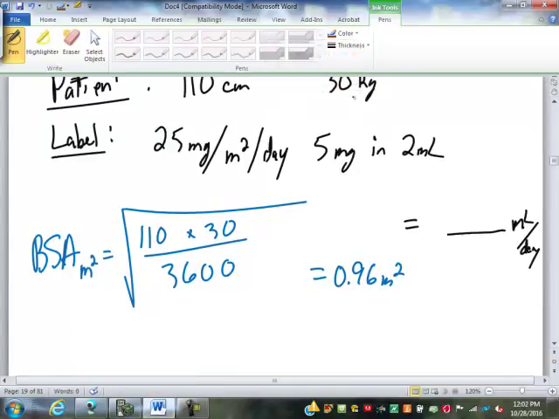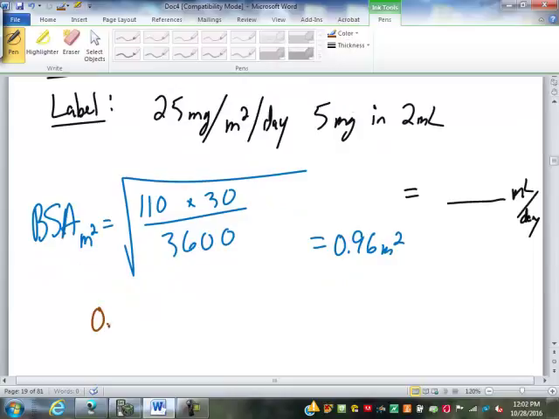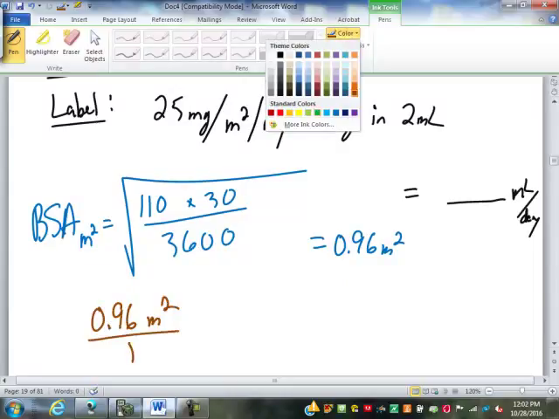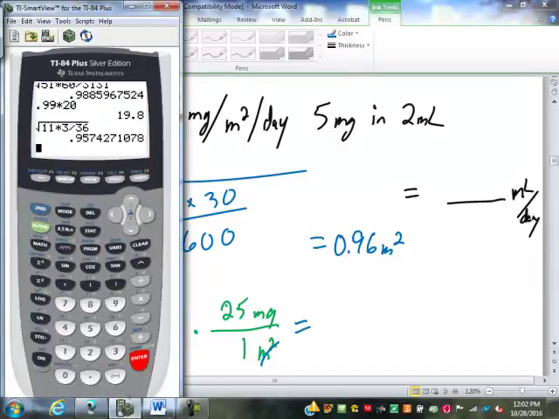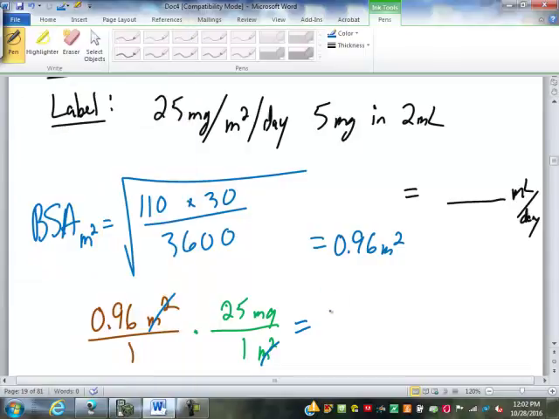So then it's 0.96 square meters over 1, with square meters on the bottom, so it's going to be 25 milligrams per square meter. So 0.96 times 25 is 24 milligrams.